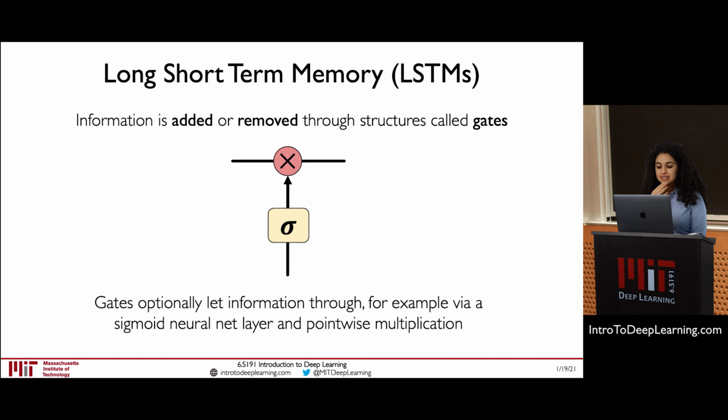So let's take a moment to think about what a gate like this could be doing. Because we have the sigmoid activation function, this is going to force anything that passes through that gate to be between 0 and 1. So you can think of this as modulating how much of the input should be passed through, between nothing, 0, or everything, 1, which effectively gates the flow of information.